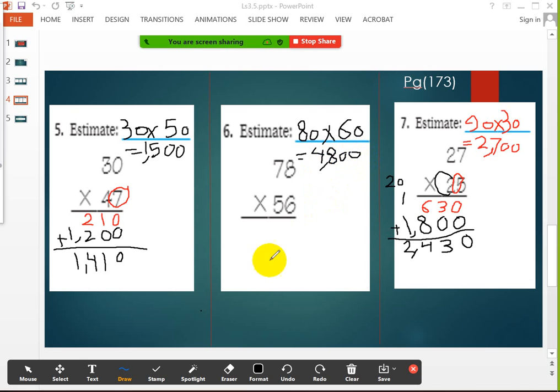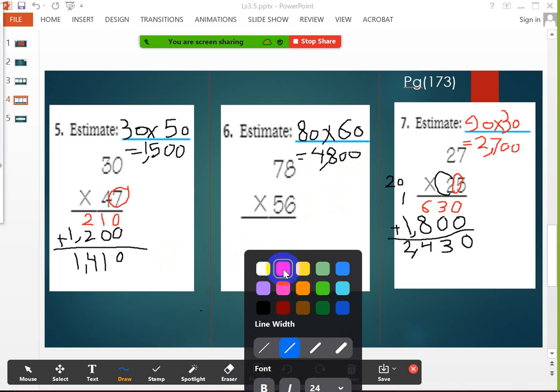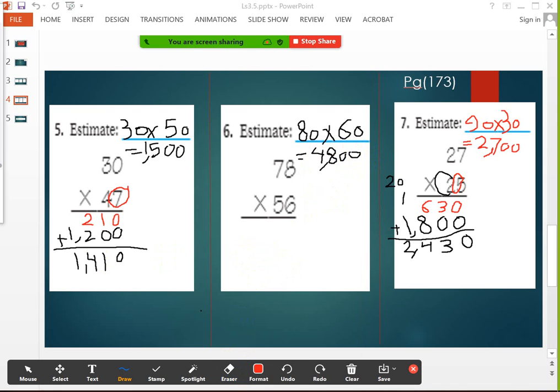Okay, now let's start our multiplication. Yes, Duha? 6 multiply 78. Duha, I will start with the 6. 6 multiply 8 equals 48. Very good. Can I write 48 here? No. So I will write 8 here and 4 above the tens.